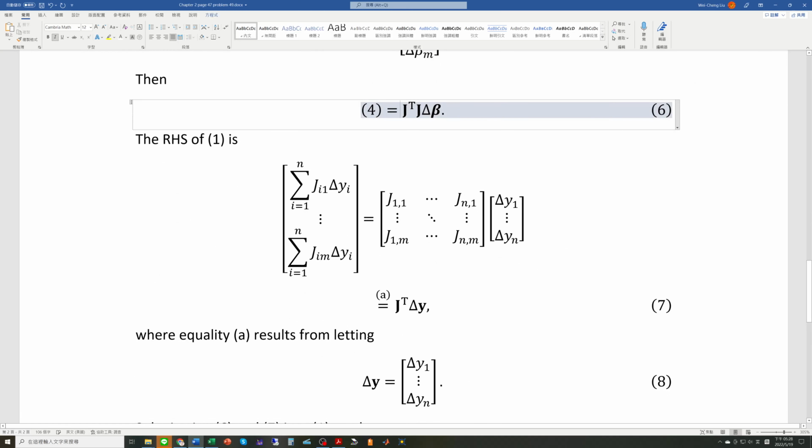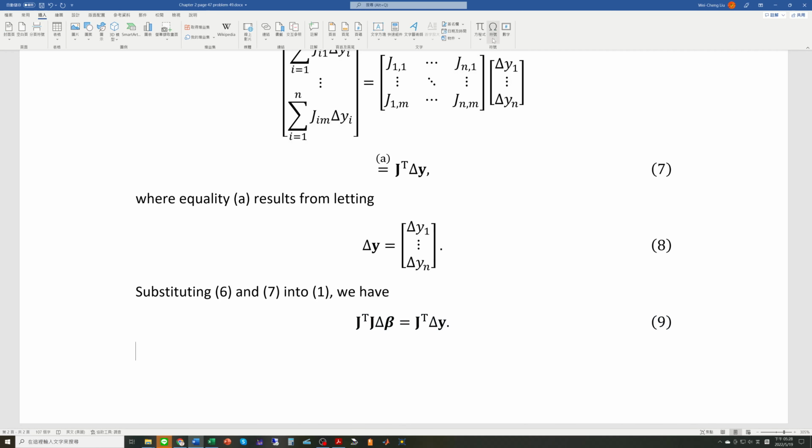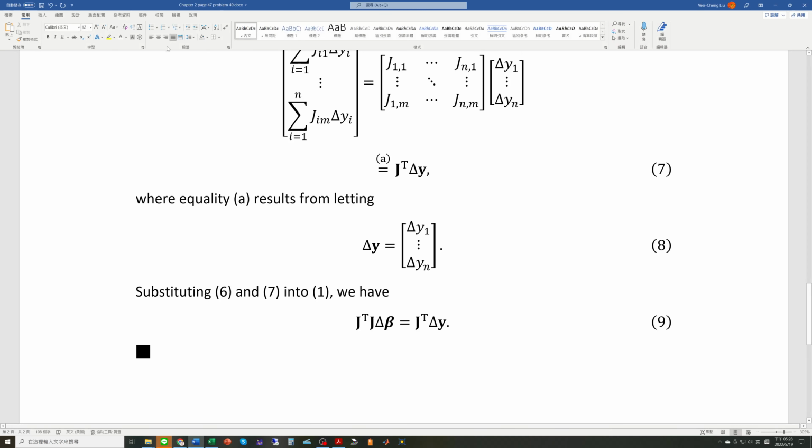So equation 6 is equal to equation 7. Like this. So it is equation 9. So it completes the solution of this problem. Align right. Save. Good.